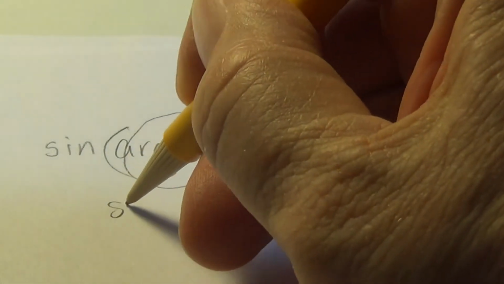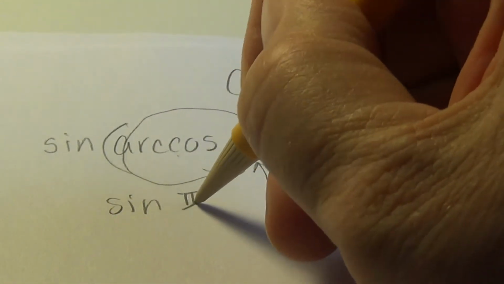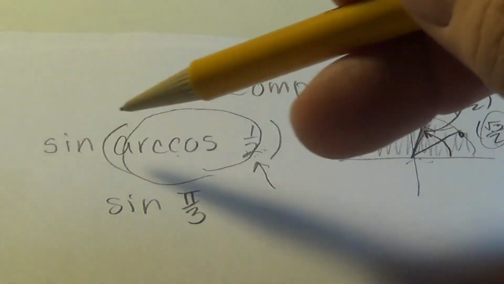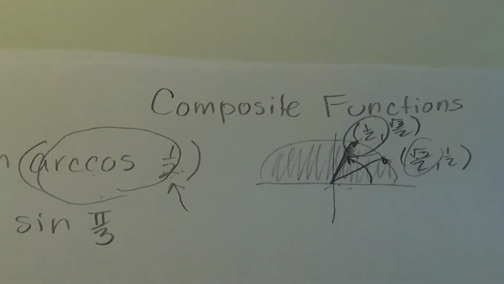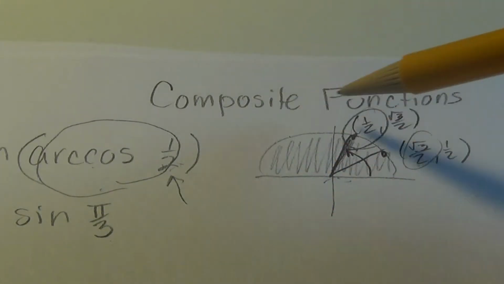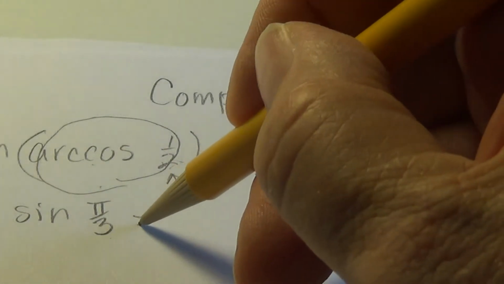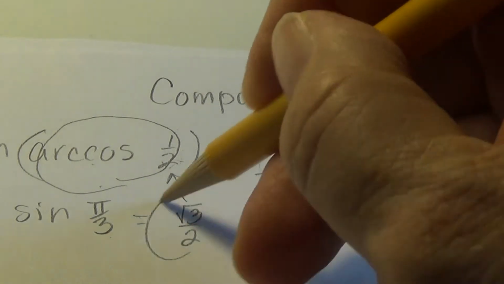So the inner chamber is simply pi/3, and we have to take the sine of pi/3. Going back to the unit circle, the sine is the second coordinate, and we get square root of 3/2.